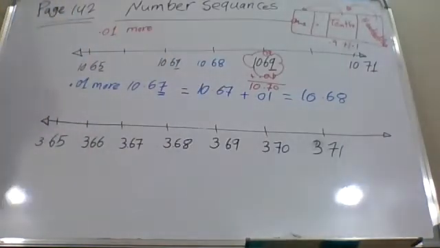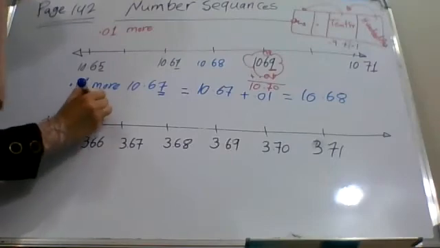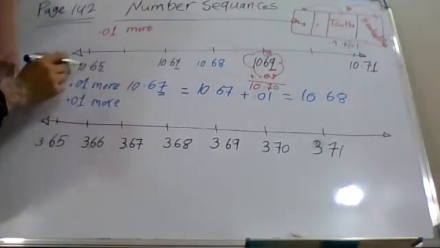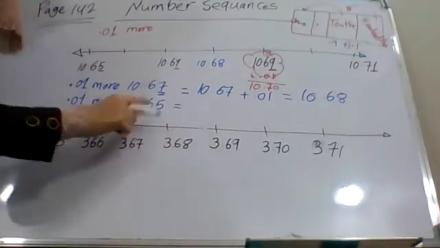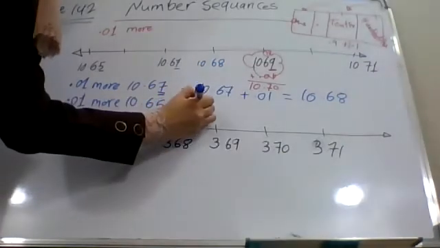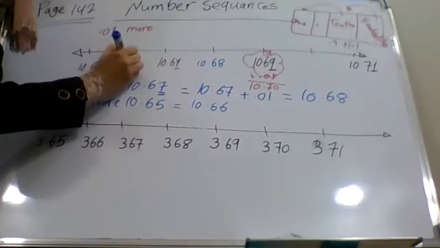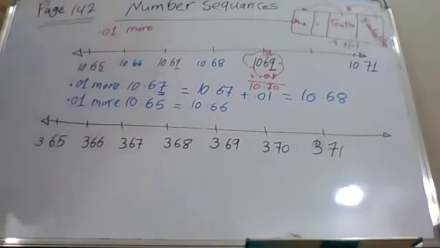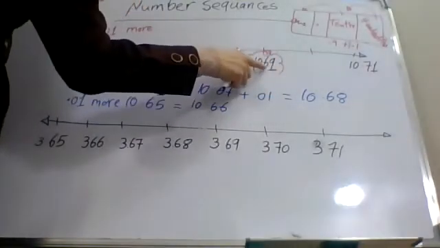Okay, another question. I need 0.01, which is 100th more than 10.65. We are adding on the 100th place again. So the answer is going to be 10.66. Okay, perfect. Now again, we reach number 9.